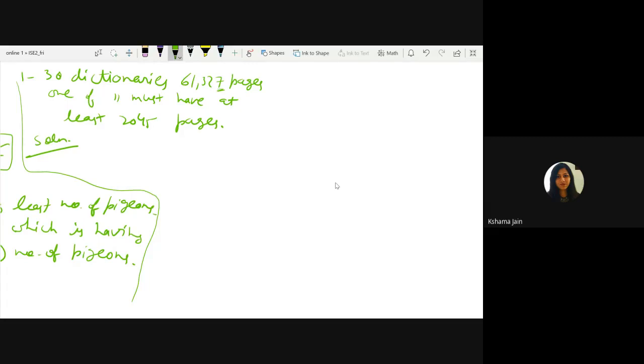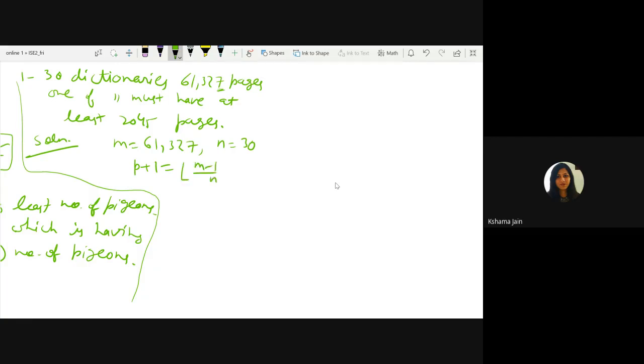We need to understand, they are telling that these are the pages, 61,327 pages, and these pages are definitely inside dictionaries. Dictionaries are fewer in number. So we need to check how many pages one of the dictionaries will have.